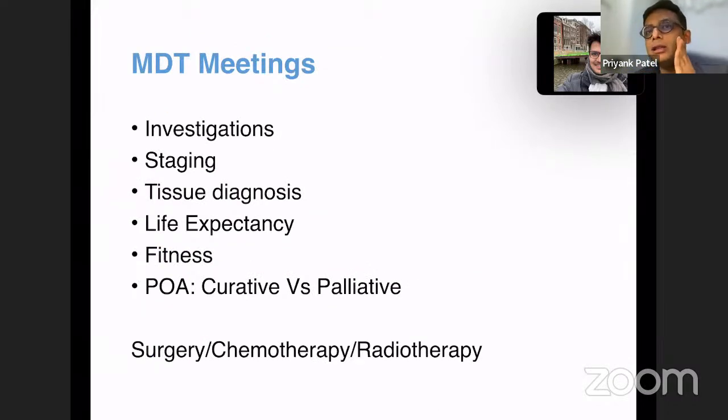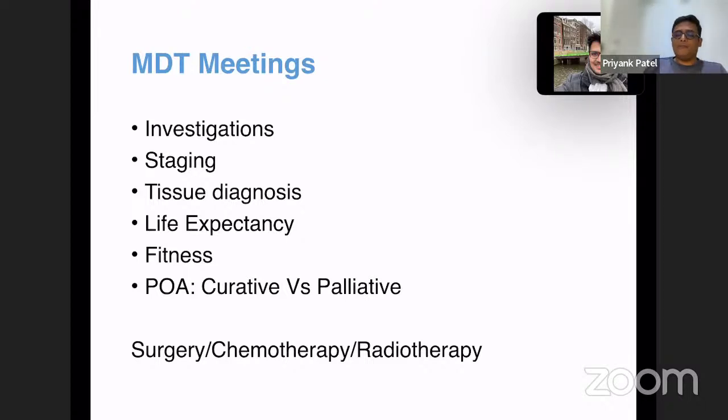So one thing is, whenever you get a tumor, this is what you have to look at. What are all the investigations you want? Why do you want the investigations? Because you want to stage the tumor, and to stage the tumor you want to find out what exactly it is. So tissue diagnosis is needed. In order to treat the patient, you want to know how long the patient is going to live. If the answer is surgical, you want to know if the patient is fit enough to undergo that kind of surgery.